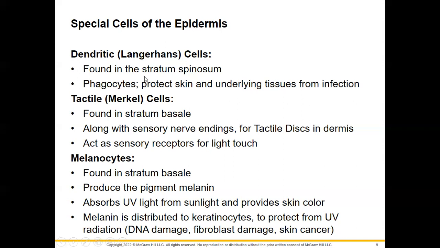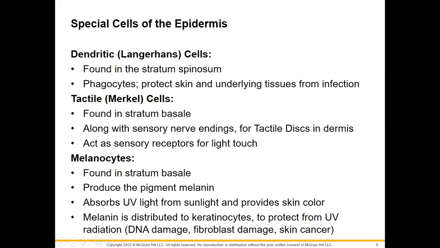The next cell is the tactile or Merkel cells. These tactile cells are going to be found in the stratum basale. So when we hear tactile, think to touch. So tactile cells have to do with touch. Tactile cells or Merkel cells are sensory nerve endings.